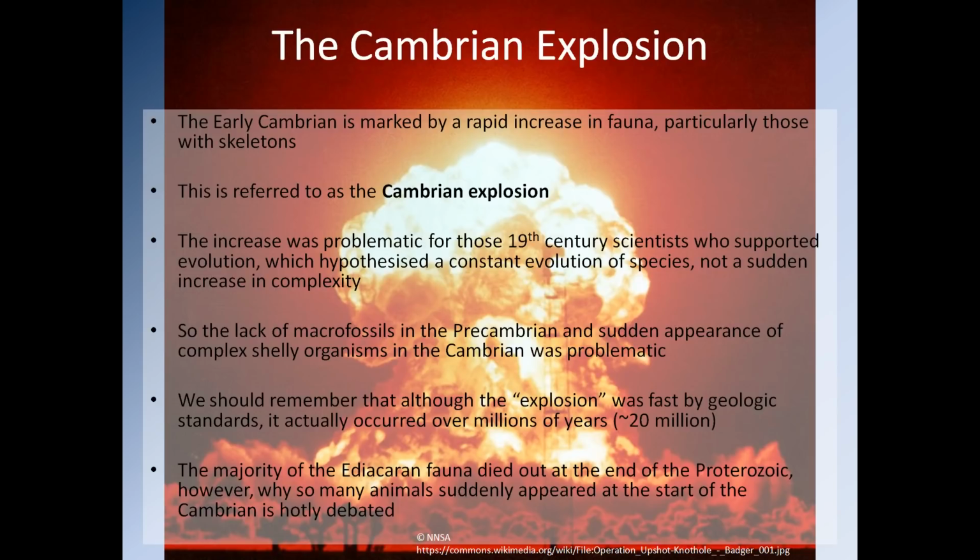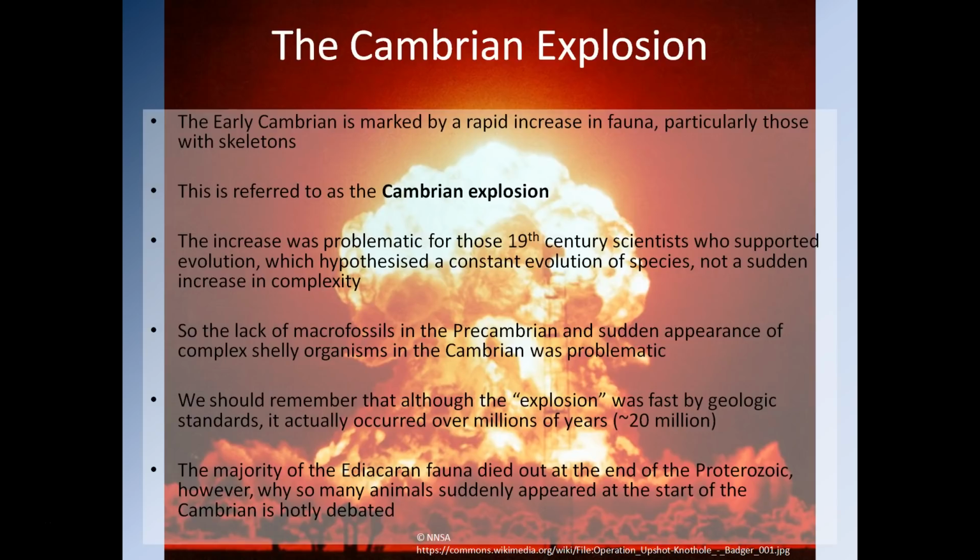So when they looked at Precambrian rocks, there were none of these macrofossils. Then all of a sudden, in the Cambrian, explosion, life everywhere. And so this was problematic because, if you're saying it was obviously due to evolution, what you needed was a gradual build-up. You can't just suddenly have life exploding out of nowhere. That doesn't work for evolution.